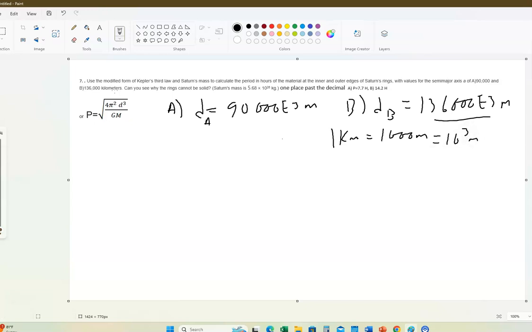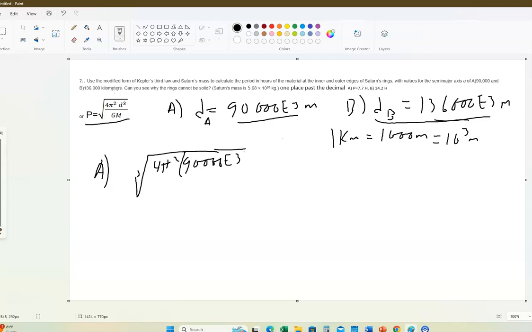So we're going to use this. This is Kepler's third law, but solved for the period. I've got the 2 numbers, the number for A and the number for B, and I'm just going to plug those 2 in. So for part A, the period is going to be the square root of 4 pi squared times 90,000 times 10 to the third, which I've got to cube.